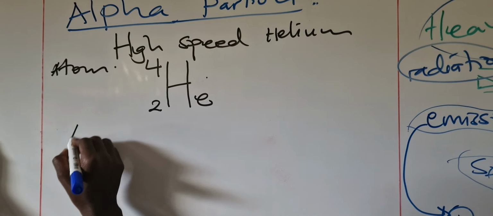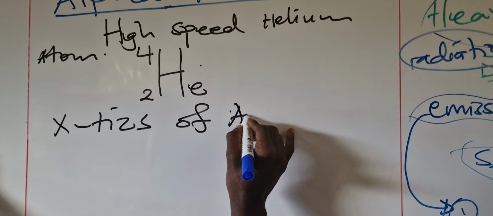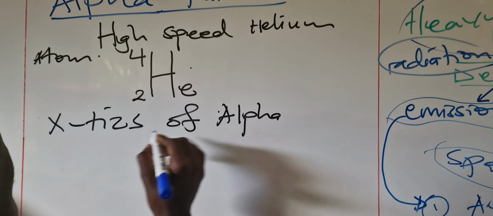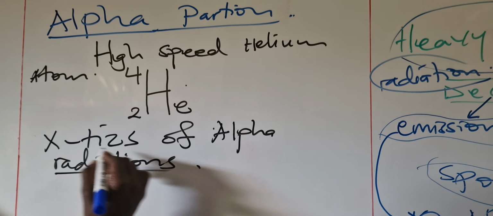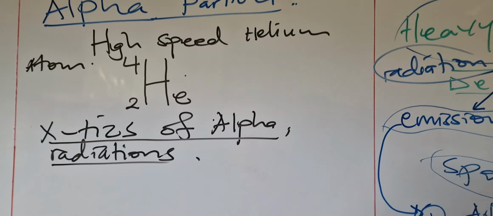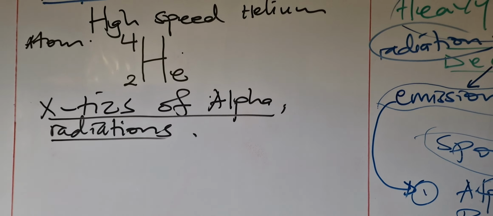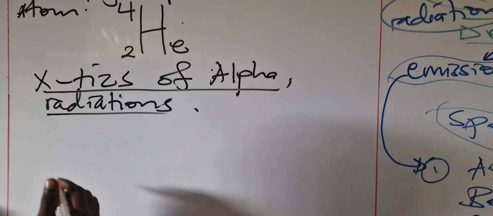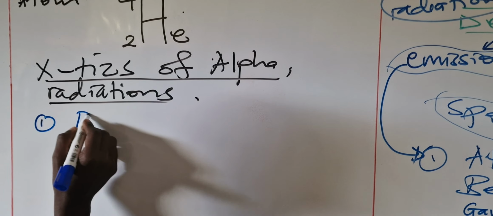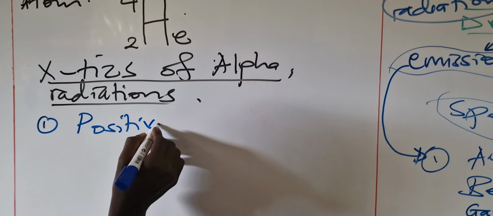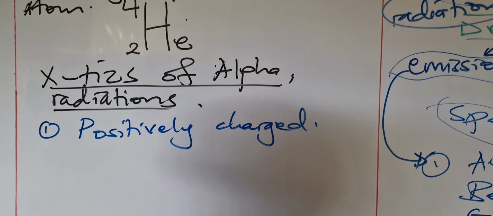So the characteristics of alpha radiations. We are stating some of the characteristics of the alpha radiations, and we are saying that the alpha radiations are positively charged.